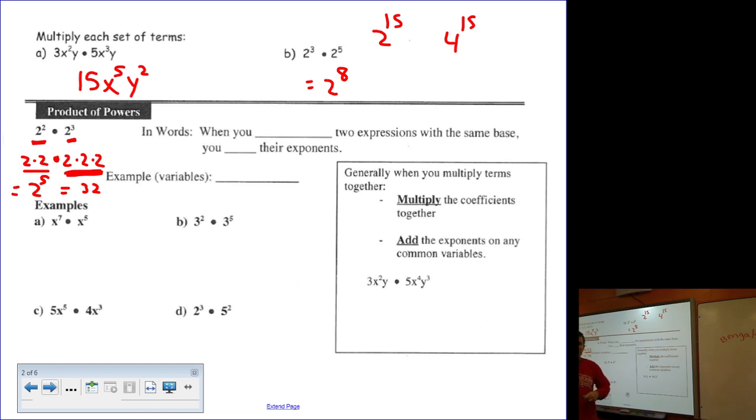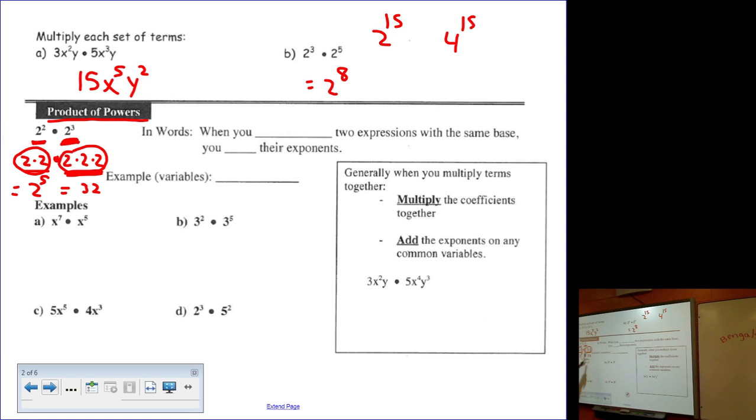The thing for you to see is this. When you multiply 2 to the 2nd, which is 2 times 2, times 2 to the 3rd, which is 2 times 2 times 2, what you're actually doing is multiplying 5 2's together. And that leads us to our rule. This is called the product of powers rule.